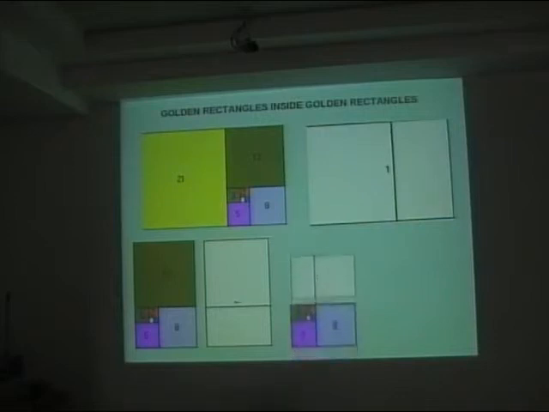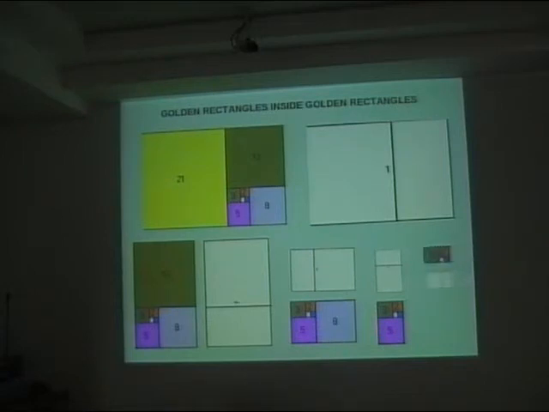And if we take that golden rectangle and divide off a square from it, what's left over here is another golden rectangle. And that goes on, right? We keep analyzing it down and down and down, and what we have is an infinite number of golden rectangles.